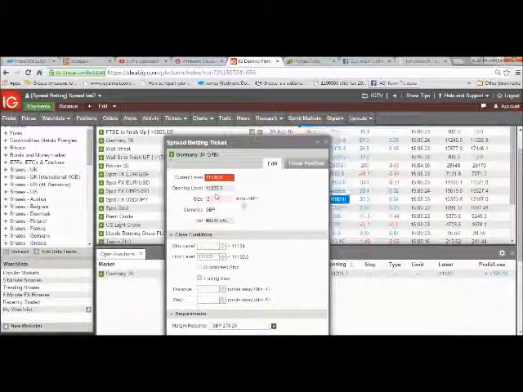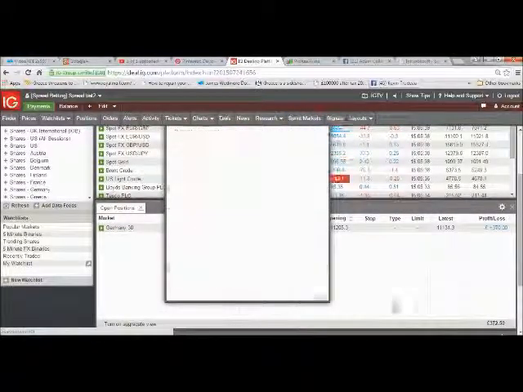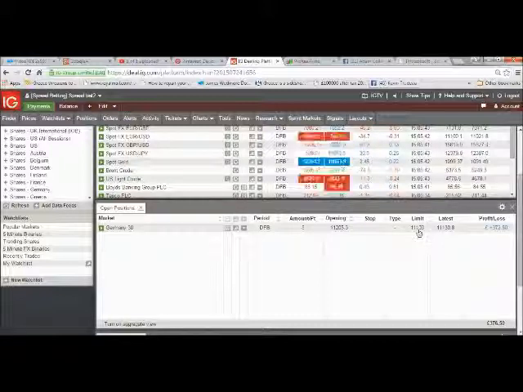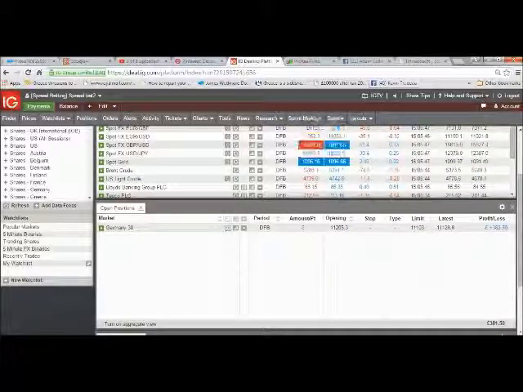So what will happen is I opened the trade at 11,205 and I'll be looking to take another 100 points on this, so that would be a total of another 500 if it just hits that limit. And I'm just going to submit that so you can see there that's the limit, 11,103 from an open of 11,205. So I'll be just taking that if it does hit that point at 11,103.